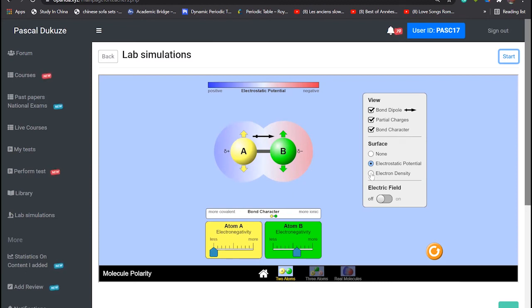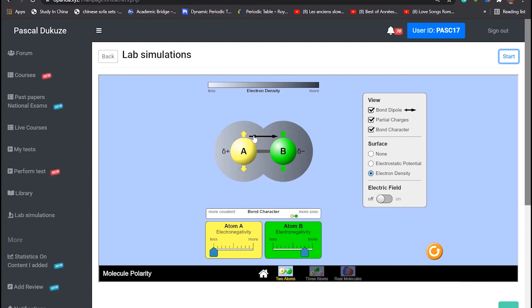Now let's have a look at the electron density. When we increase the electronegativity to be more ionic or more polar, you can see the electron density is condensed to the side of atom B, which is more electronegative, which is having a stronger pull than to the side of A, which is almost losing the electrons, okay?